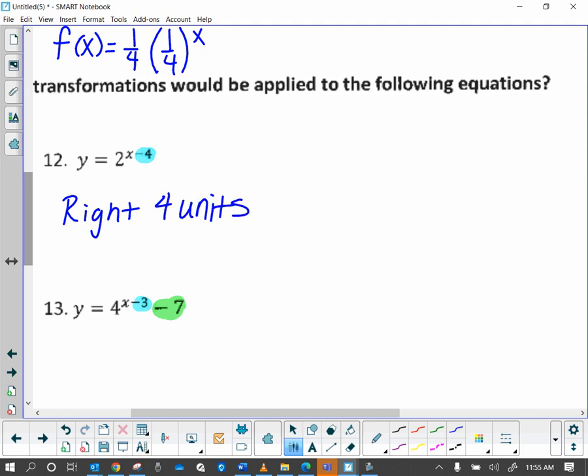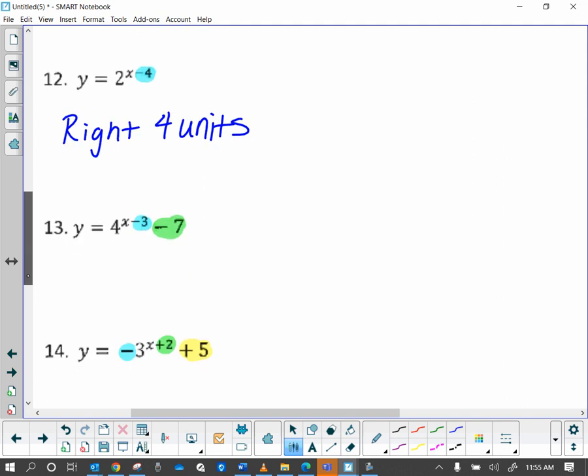Good job. Number 13. What does the minus 3 with the exponent do? Moving down. Nope. Well, the 3. What does this do? Yeah, how many? Right, 3 units. What does the minus 7 do? Down. How many? 7. There you go. It's down 7 units.